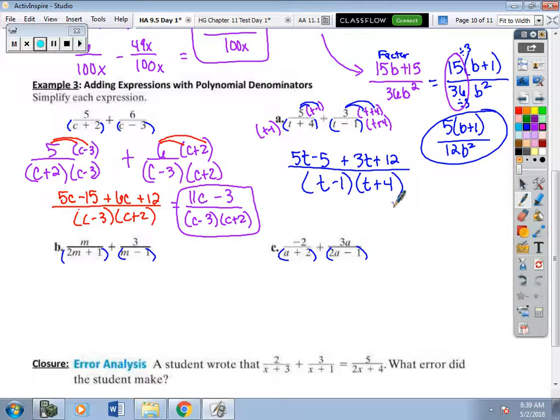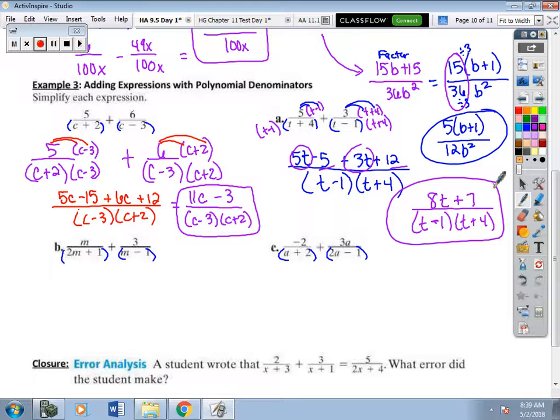And then just combine your like terms. We'll get 8t. 12 minus 5 is 7. If we could take a GCF out of the top, we would, and then see if anything would cancel, but that's really it. Now, I didn't put any subtraction ones on here, so just be careful on the homework.